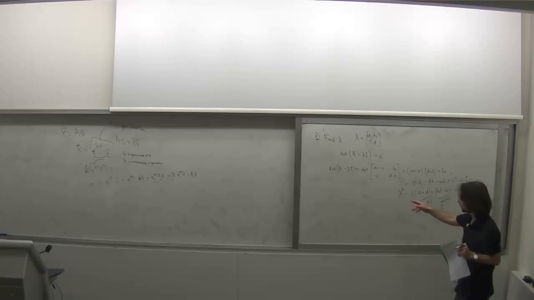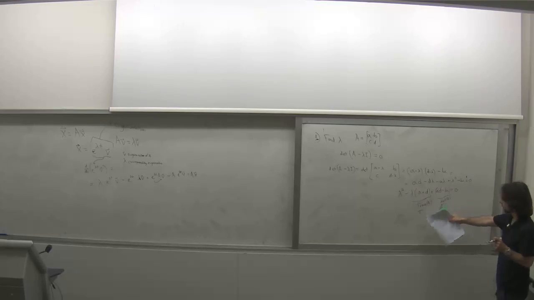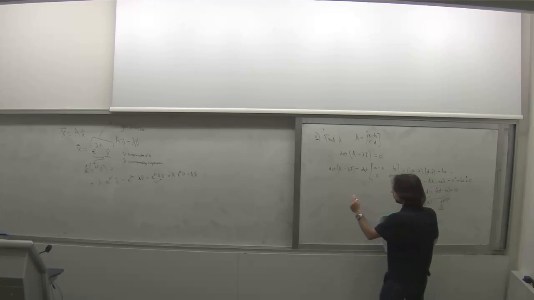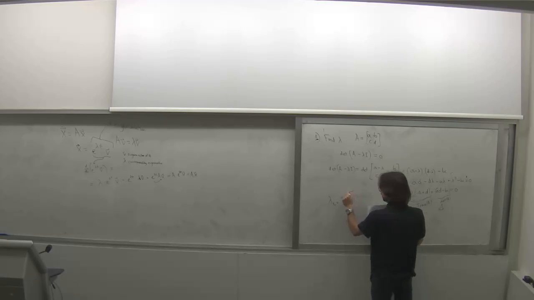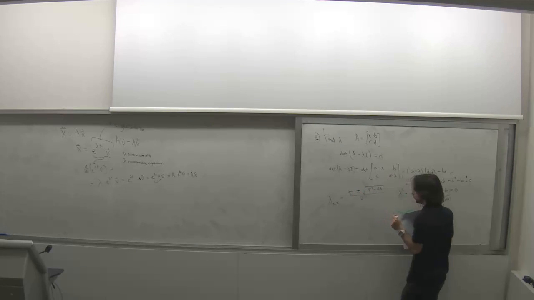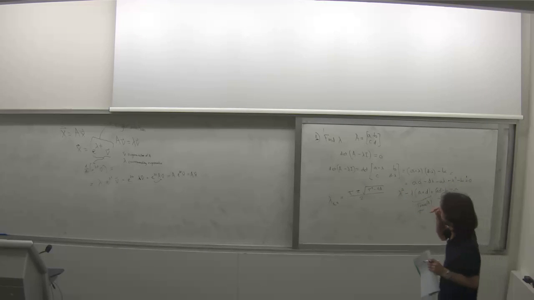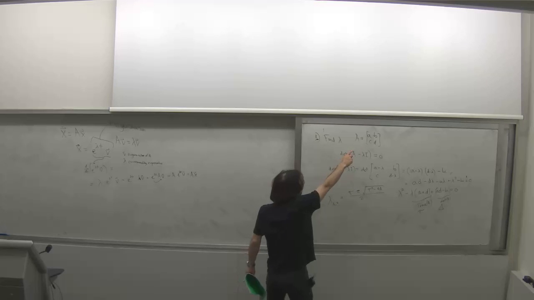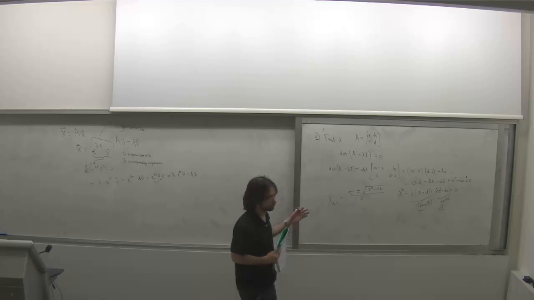So I have a quadratic equation where the prefactors are actually the trace and the determinant of A, and the solutions can be written using the quadratic formula. It's tau plus minus the square root of tau square minus 4 delta, and everything is divided by 2. So this is how we find lambda. We get this linear system with these parameters, and immediately we can substitute here and find the eigenvalues.